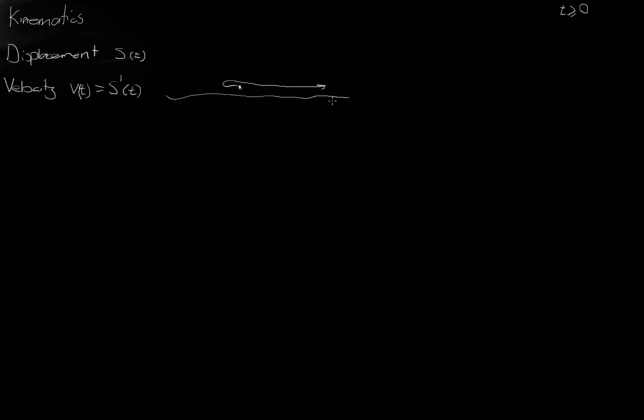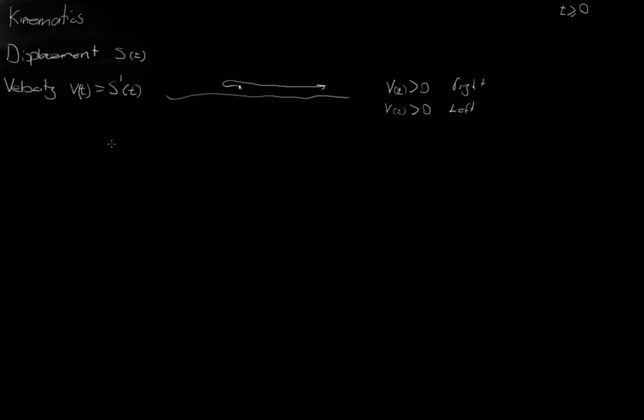What we're saying is, in this case, when the velocity is greater than 0, the object is moving to the right. If it's less than 0, it's moving to the left. Now, obviously, if it's equal to 0, the object's not moving at all. Or at that instantaneous section, it's not moving at all.